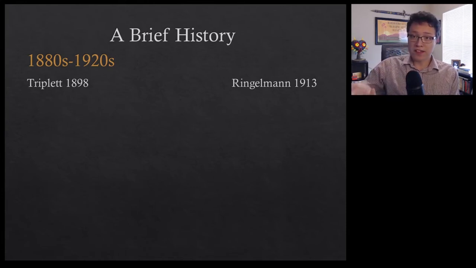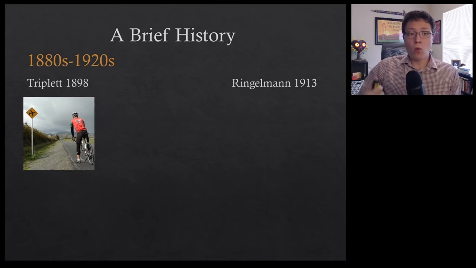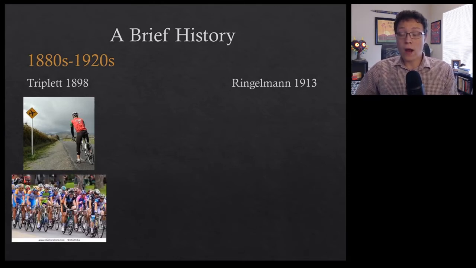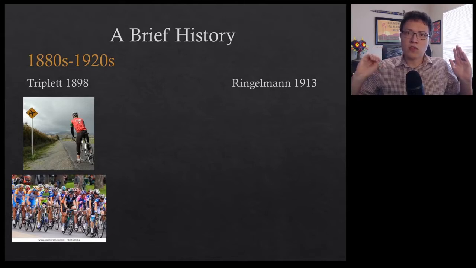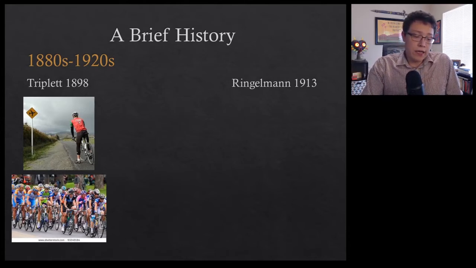With Triplett's study, what he was looking at was how well bikers and cyclists work either alone or as a group. He asked individuals to bike a mile, and he checked how long it took those individuals to bike a mile. He also brought in individuals in groups of 3 people.